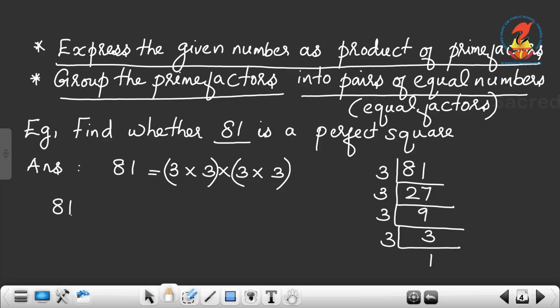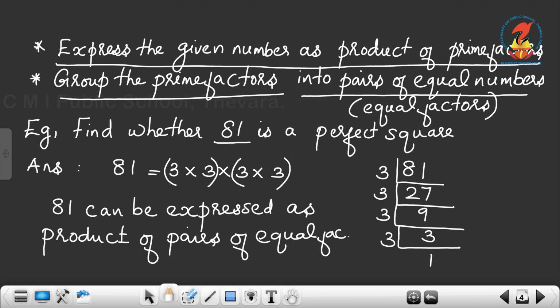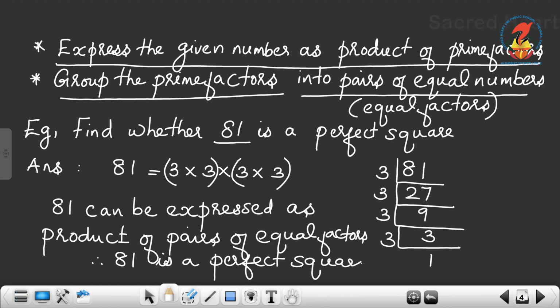So we can say that 81 can be expressed as product of pairs of equal factors. Therefore, 81 is a perfect square.